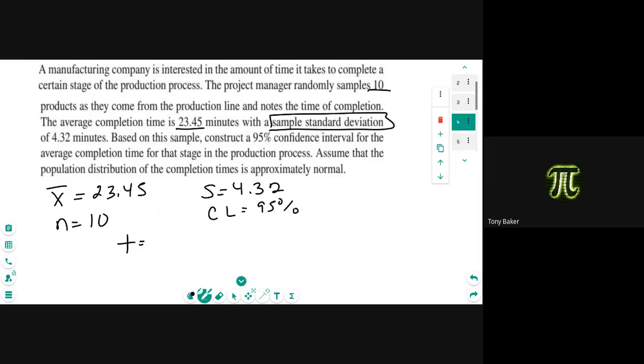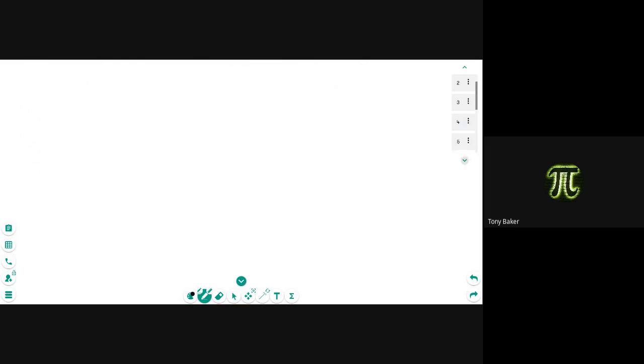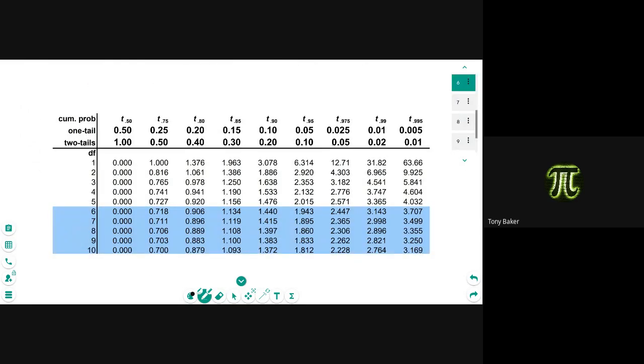So for my T, I'm going to look at my table. So here's my table. What is my degrees of freedom for this problem? 9, because it's 10 minus 1. So I'm looking at this row right here. On the side, degrees of freedom, we're looking at 9, the DF. And then it was 95%, right?